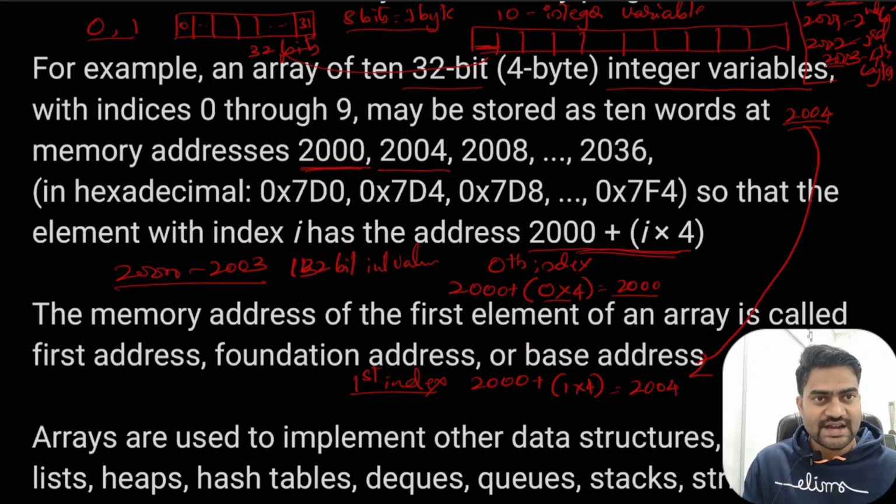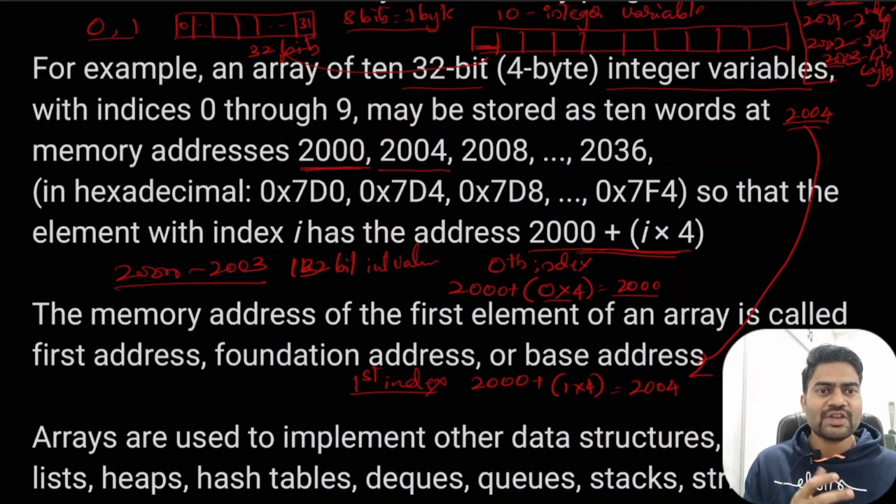So what we understand here is that our computer stores values only in terms of bits, either 0 or 1. These blocks which hold 0 or 1 are memory blocks.